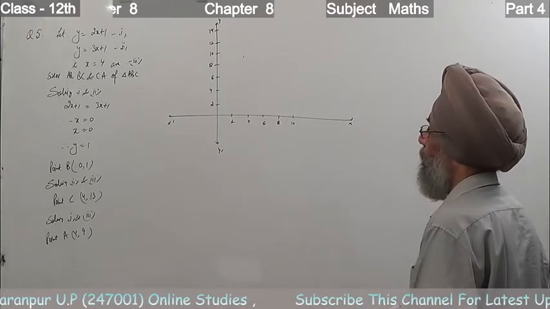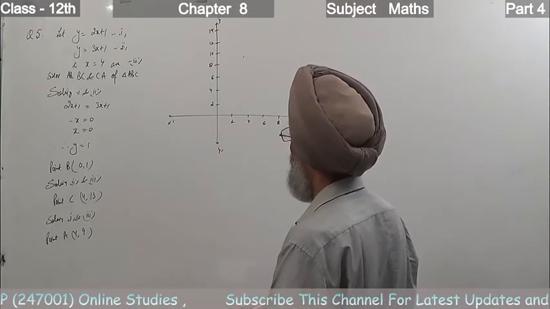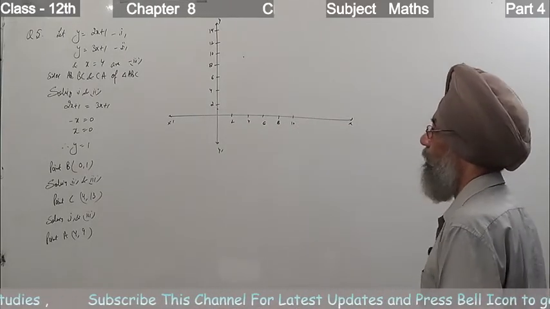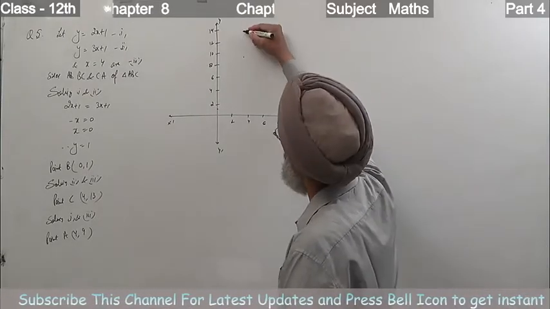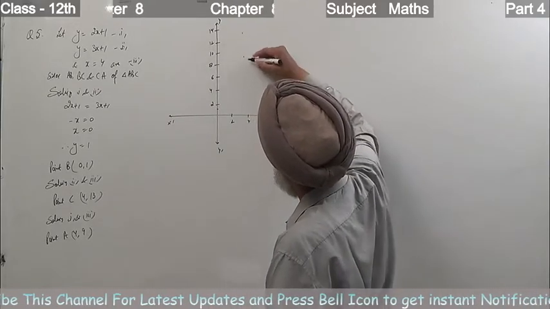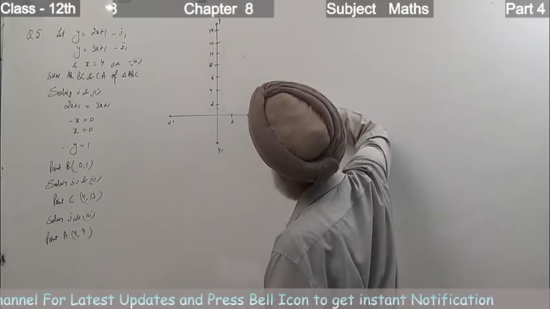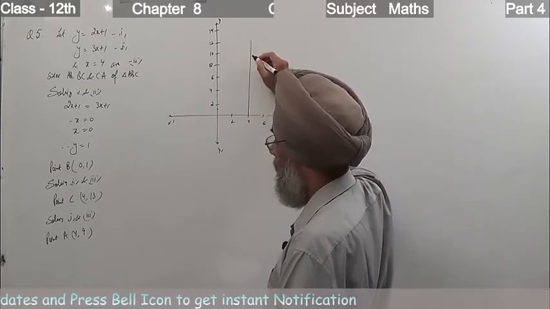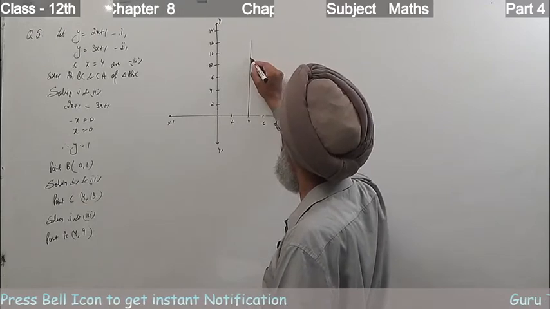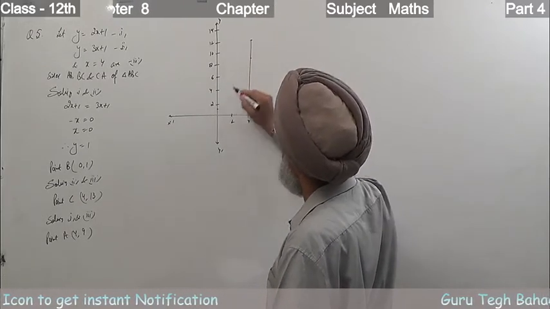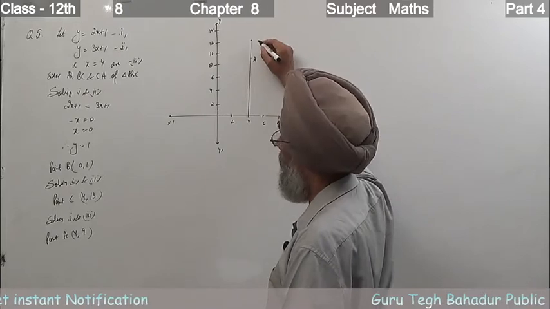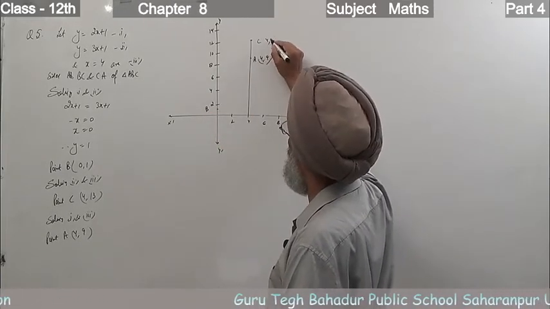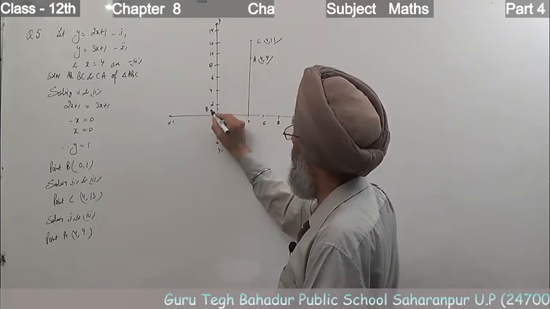Then point B is 0, 1, x is 0 and y is 1 here, and point C is 4, 13, on the same line, that is here. So we take the point here, it is 4, 9, and this is 4, 13. Okay, this is point A. This one is C, this one is B: 4, 9, 4, 13 and B is 0, 1.